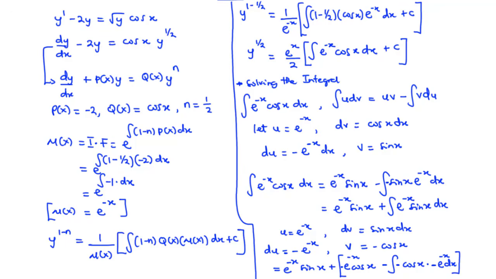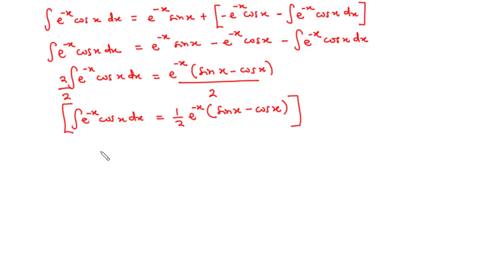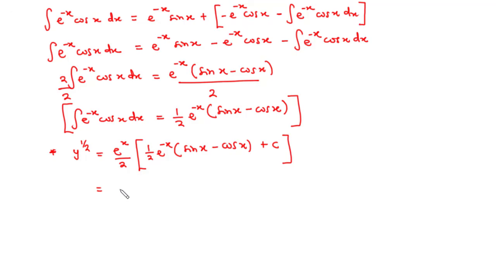So we are going to have y to the power 1 over 2 equals e to the power x over 2 times, now in place of the integral you have 1 over 2 e to the power negative x into bracket sine x minus cos x, plus c.